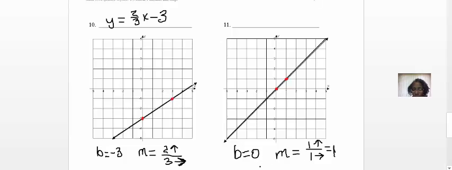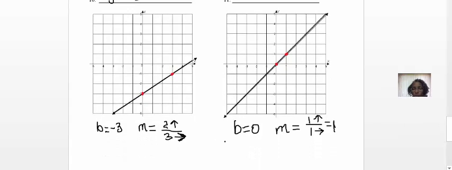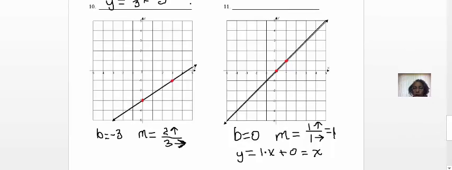B is 0. So in this particular case, y is equal to 1 times x plus 0, which is simply x. So my equation is y equal to x.